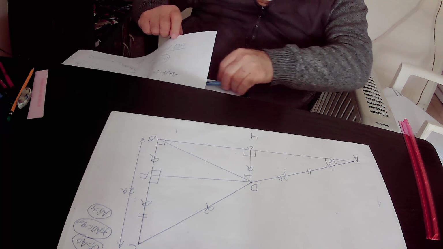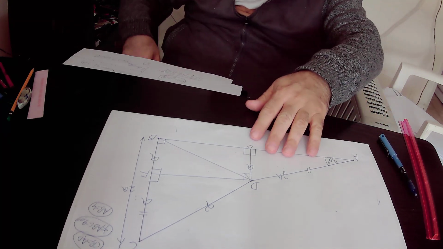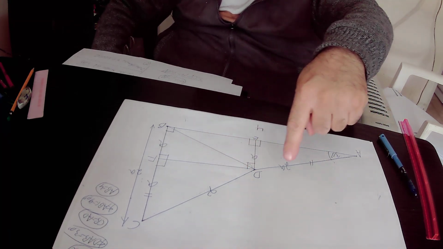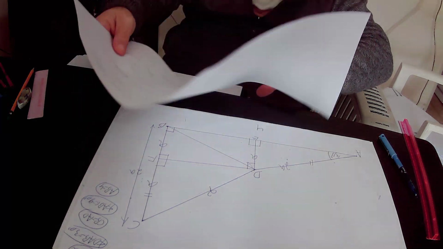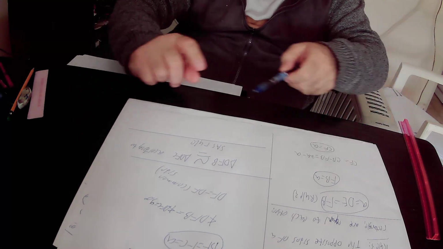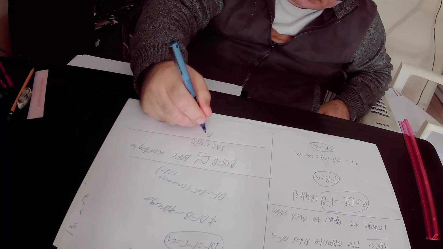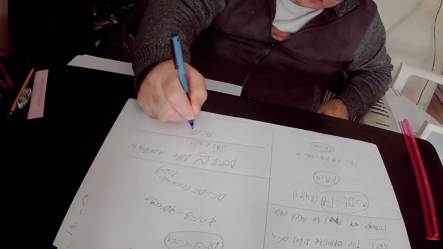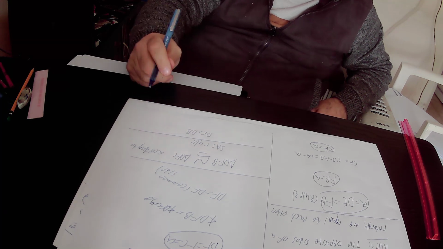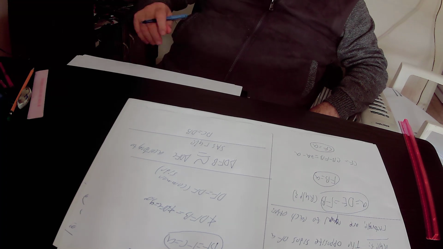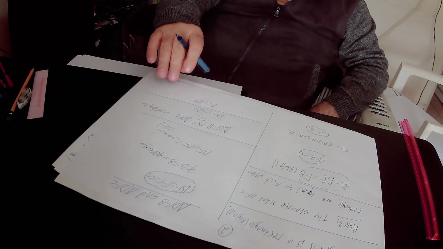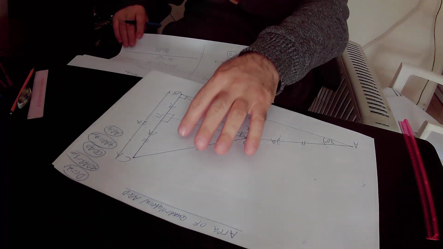And from the fact that those two triangles are congruent, we will conclude that DC equals DB, according to the rule that corresponding sides in congruent triangles are equal to each other.